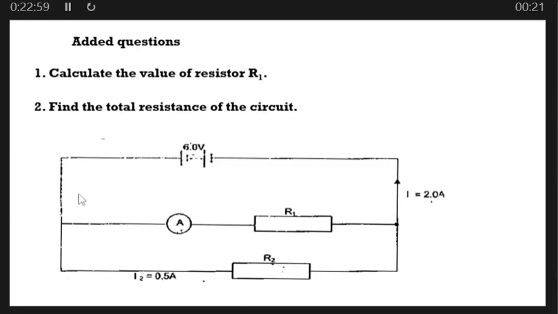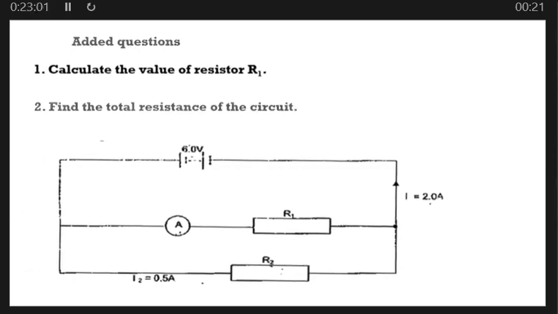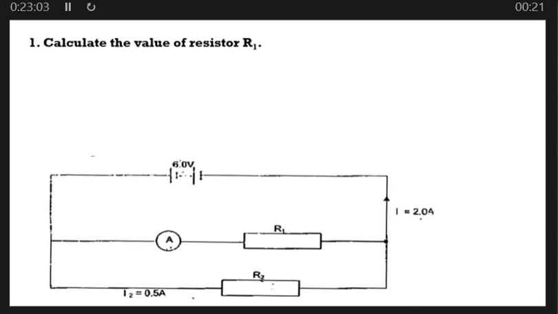So let's begin with 1. Since what we want is to find the resistance of R1, for us to be able to find it, we must use Ohm's law, which says V is equal to I times R, or voltage is equal to current times resistance.